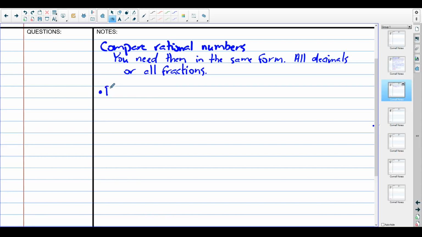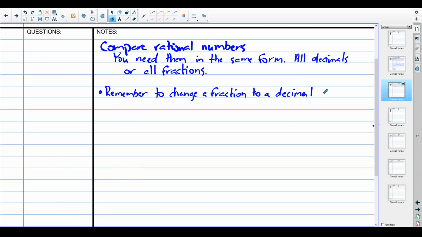So a couple friendly reminders. Remember, pro tip, to change a fraction to a decimal, practice it all year. Hopefully you're screaming it at your phone or computer. How do I go from fraction to a decimal?